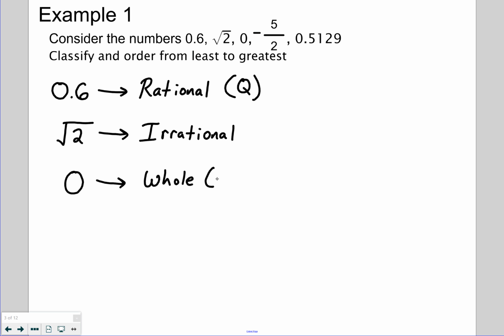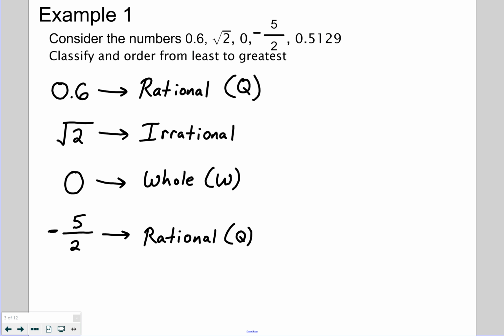That's going to use the W. The next one is -5/2. Ooh, this is a tough one. Let's go with Emily. -5/2. Rational, very good, because you should see that it is a fraction.